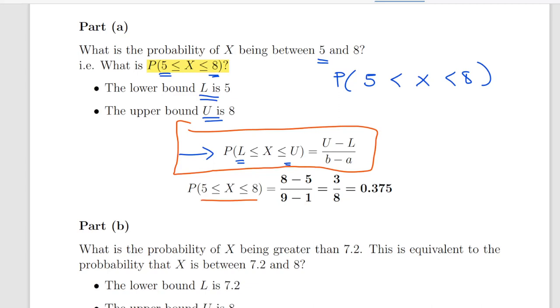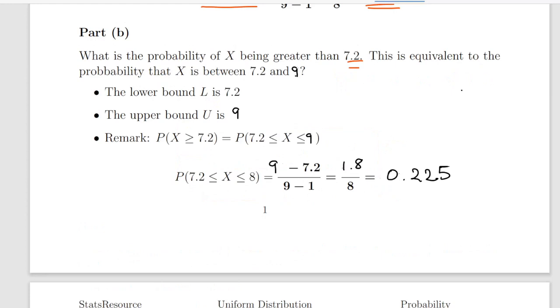So here what we're interested in is the probability of x being greater than or equal to 5 but less than or equal to 8. So the upper bound u is 8, the lower bound is 5, and b minus a is 9 minus 1. So essentially what we have there is 3 divided by 8, which is 0.375. If you think about it, that's fairly intuitive, really. So you almost don't really need this formula for it, but it's good to have all the same.